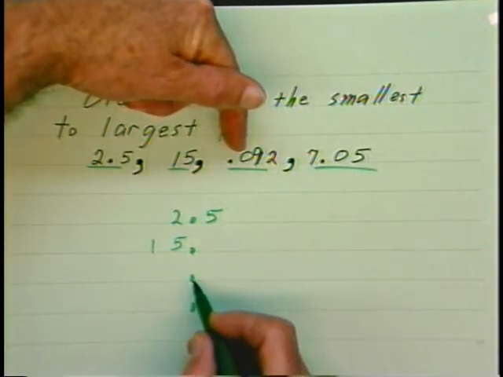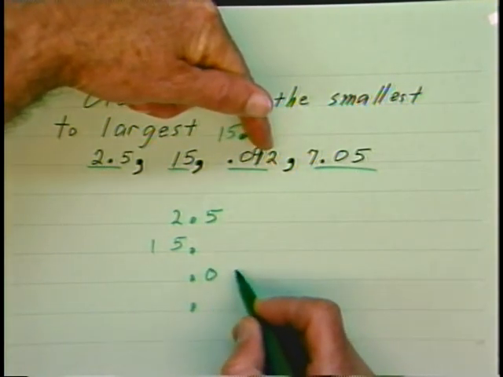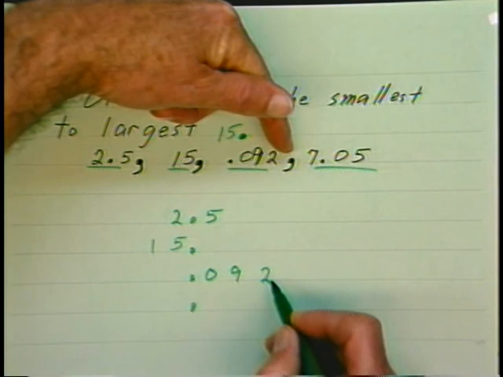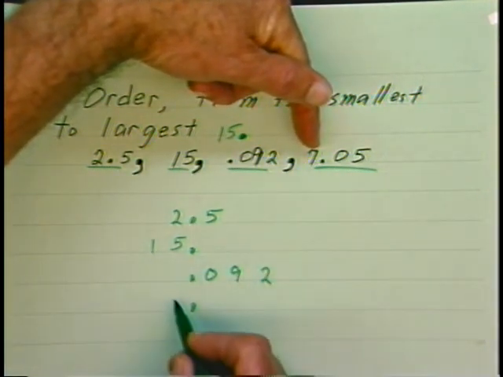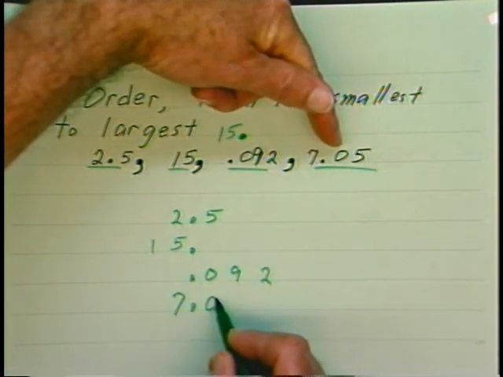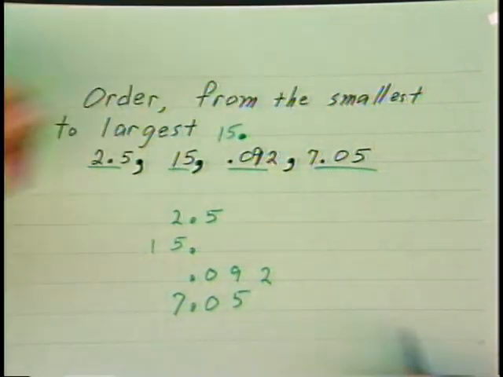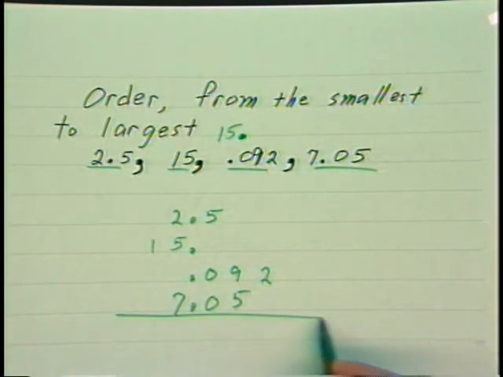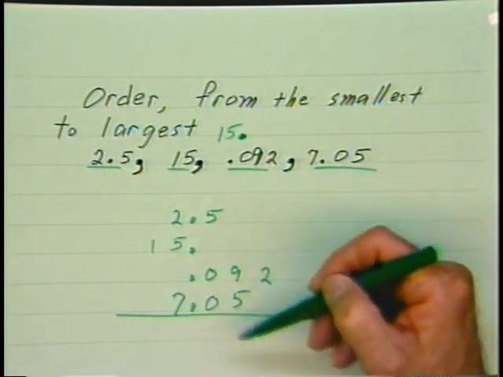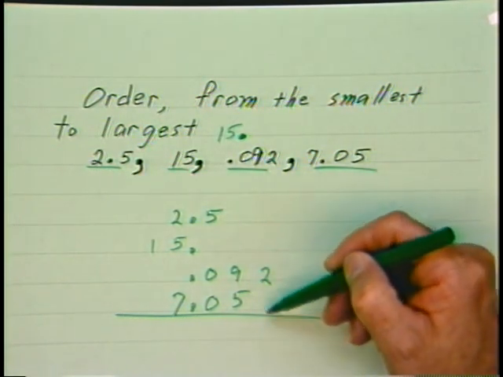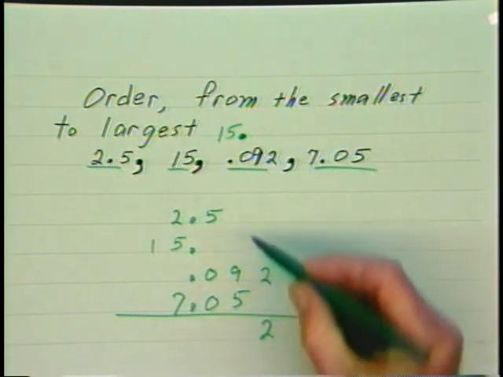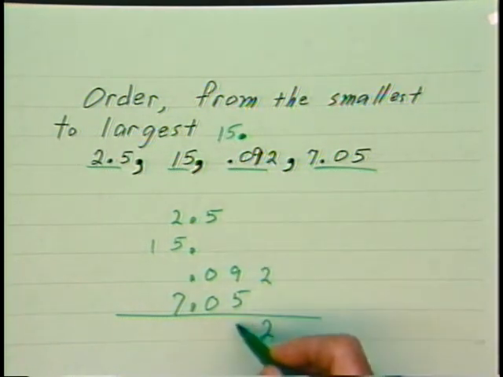Now here again, lining up the point, 0, 9, 2. Now that's a units digit, tenths digit, hundredths digit. Now with some experience, you won't bother writing these zeros down. You'll simply go down here, add the next column, if you're to add.